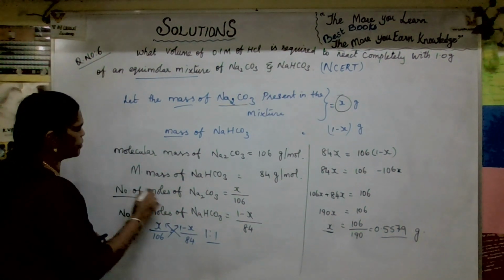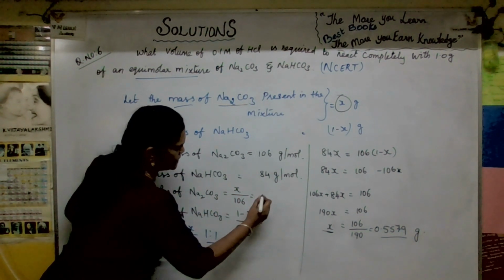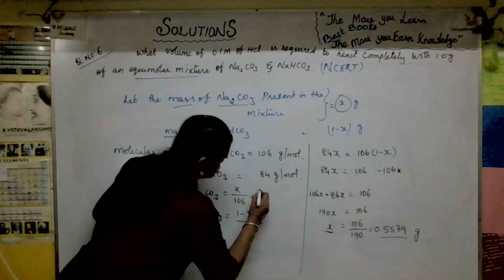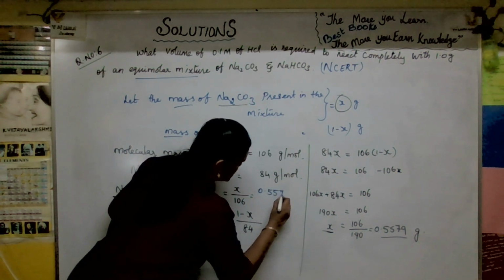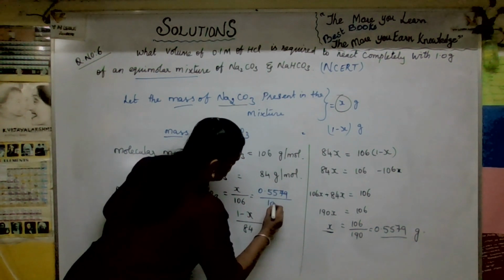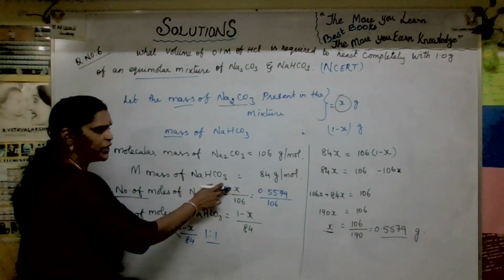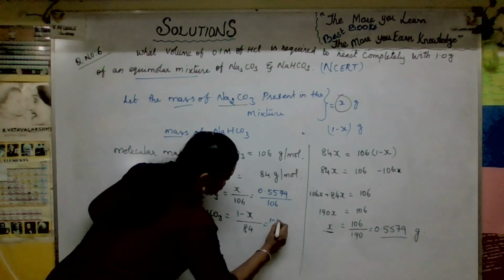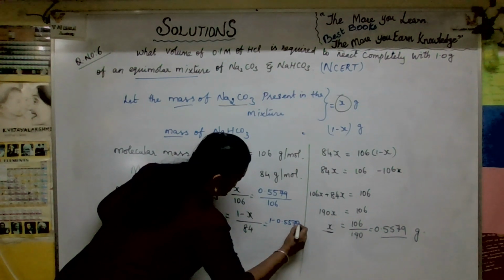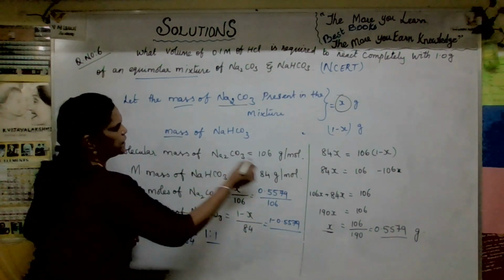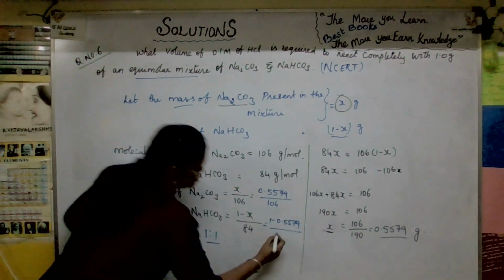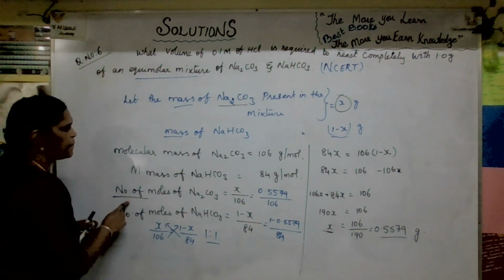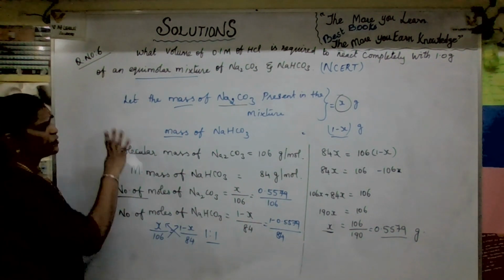Now let us check the number of moles of sodium carbonate. We can apply this value, given mass. So 0.5579 divided by 106. Another point here, 1 minus 0.5579 divided by 84, because 1 minus x value. Now what is the answer you are getting here, that is number of moles of respective formulas, right?